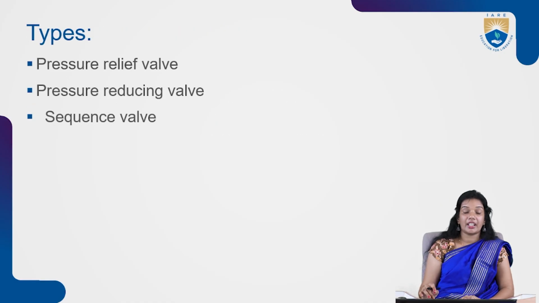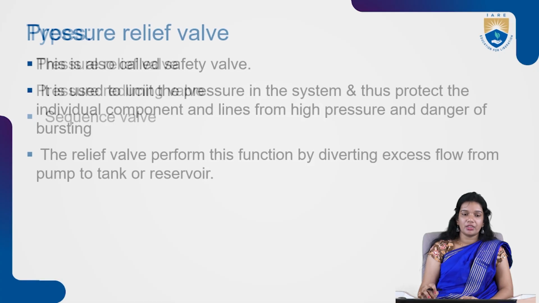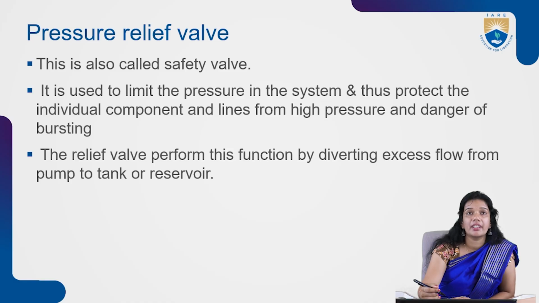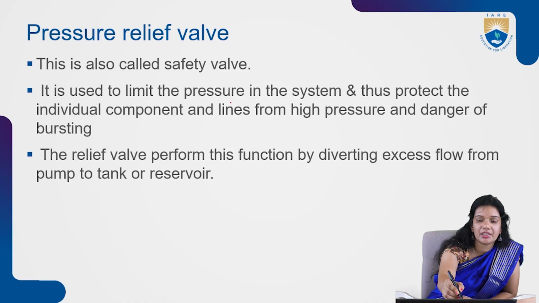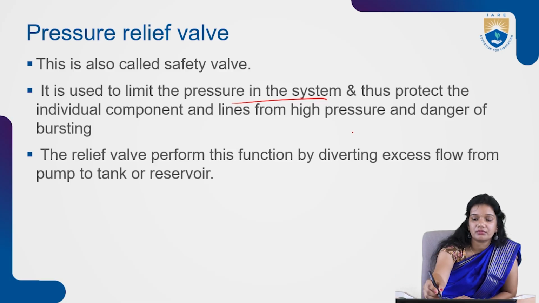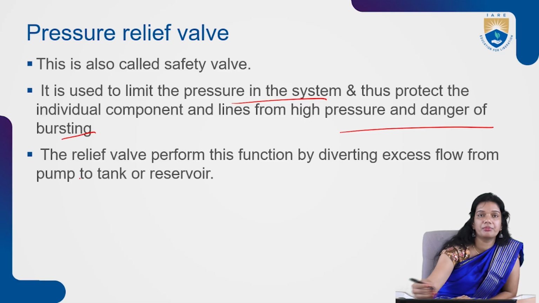So then we have types again. Now in this again we see types. The different types are the pressure relief valve, the pressure reducing valve, and the sequence valve, right? So the pressure relief valve is also called the safety valve. These are used to limit the pressure in the system, and also to protect the individual components and the lines from high pressure and danger of bursting, right?